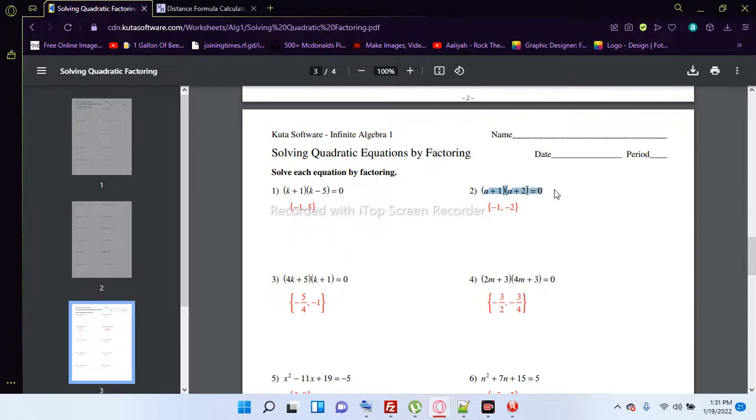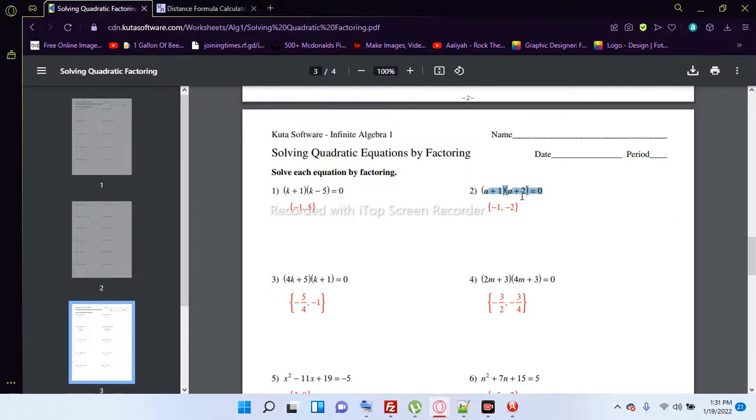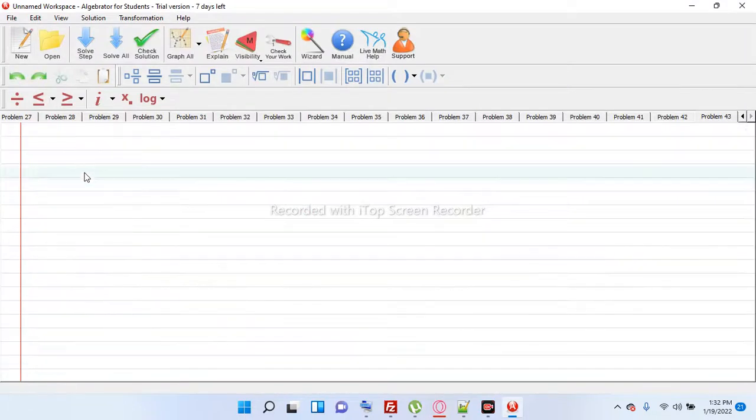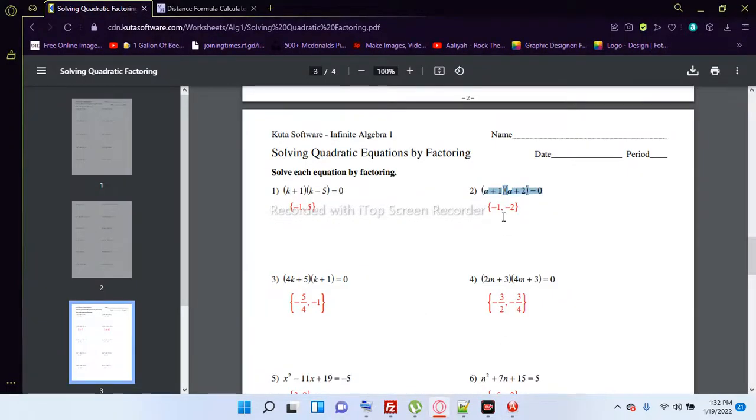Let's do another one. Let's do number 2. A plus 1, parentheses, A plus 2, parentheses equals 0. Okay, we go back into the Algebrator. New. Control V. Okay, and solve. A equals negative 3 over 2. A equals negative 1 over 2.